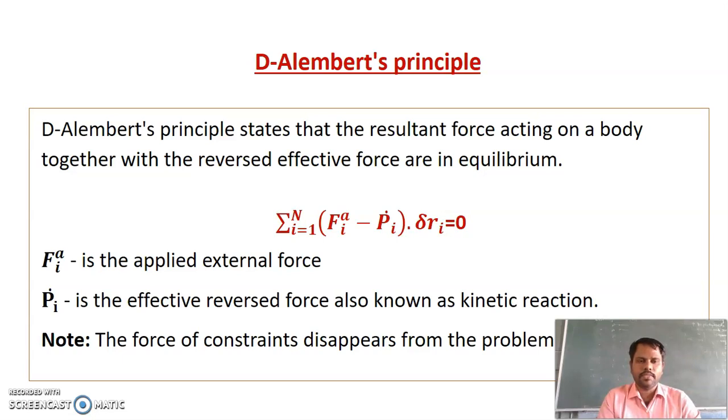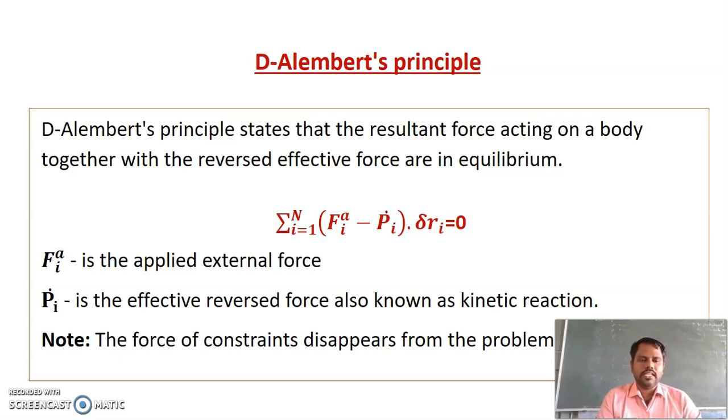Rearranging terms, it becomes Fi minus Pi dot is equal to 0, which means the force acting on the ith particle of a system minus the reversed effective force is equal to 0. We know that the force acting on the ith particle of a system is equal to the applied force plus the force of constraints.